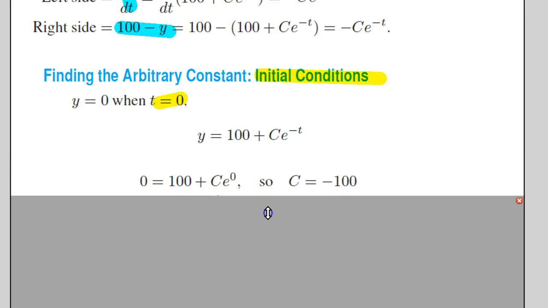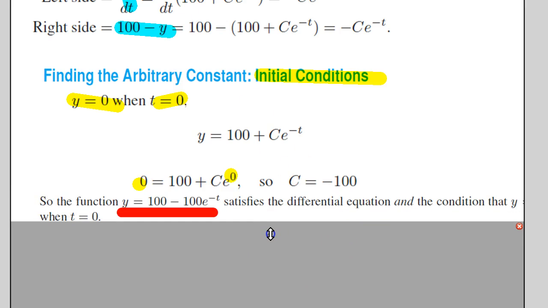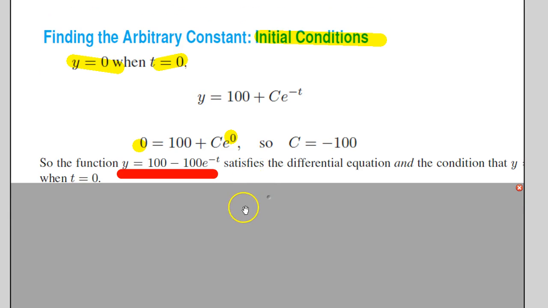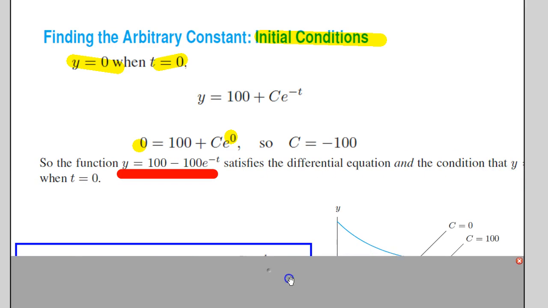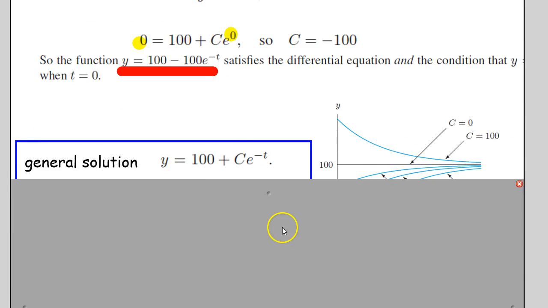So when we plug in t equals 0 and y equals 0, we end up with C having to be equal to negative 100. So now we have a particular solution that not only satisfies the general solution, but also satisfies the initial condition. This is the solution that satisfies the differential equation and the condition that y equals 0 when t equals 0.